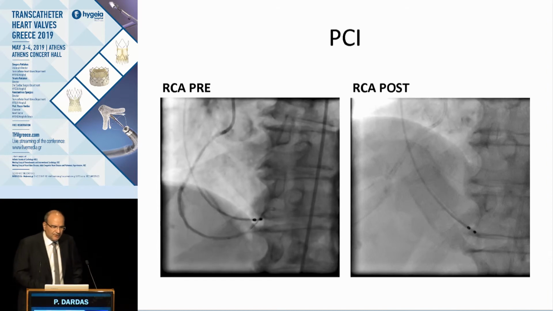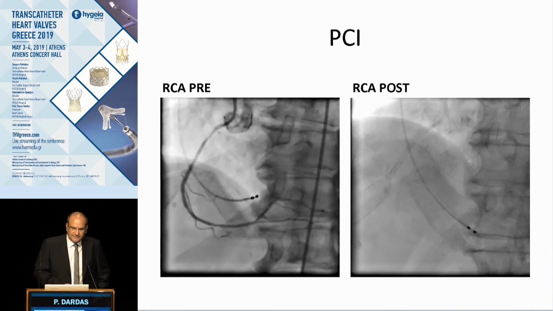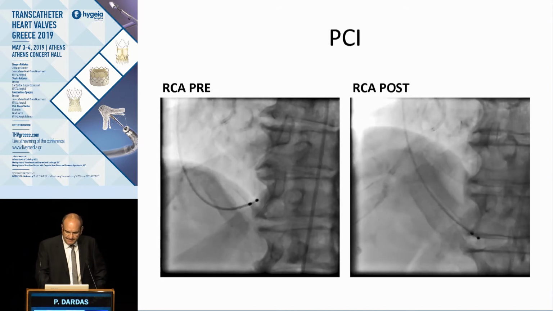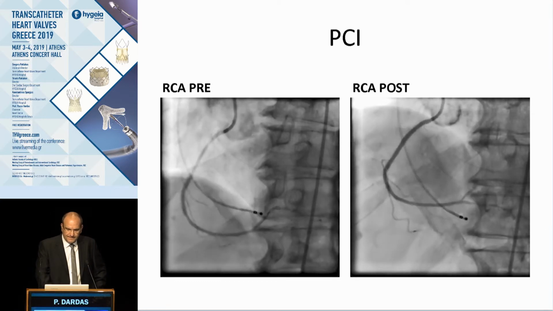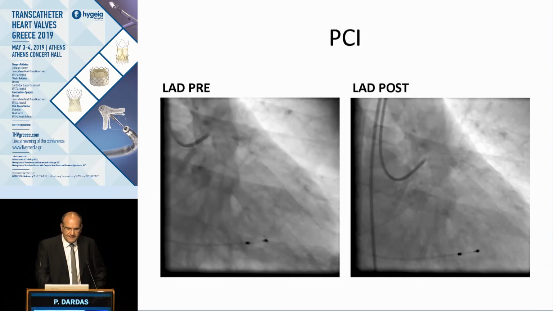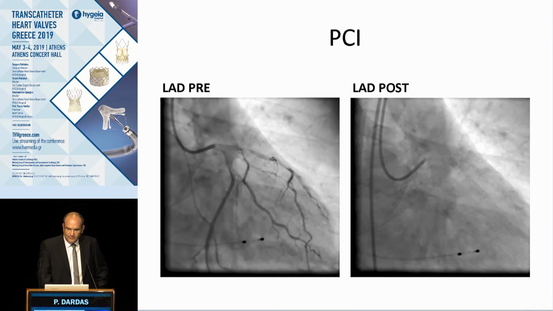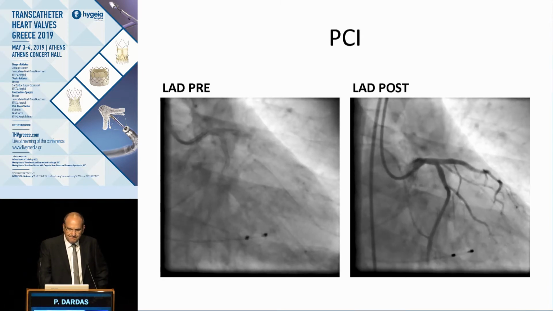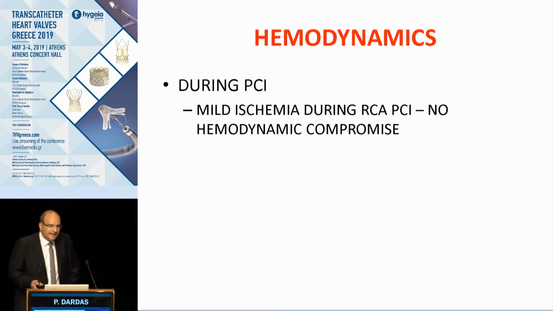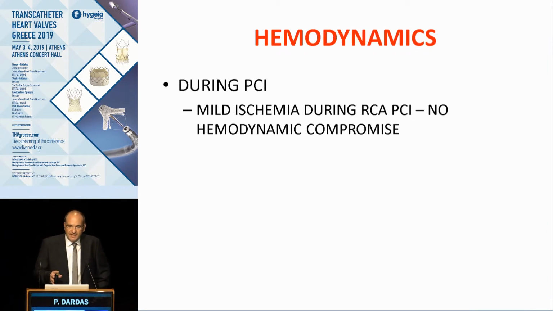So this is the right coronary artery before and after putting a stent. And this was the proximal LAD, moderate plus lesion. We put a stent on the proximal LAD. And during the PCI, he didn't have a lot of ischemia. Very mild ischemia during the RCA PCI, but no hemodynamic compromise.